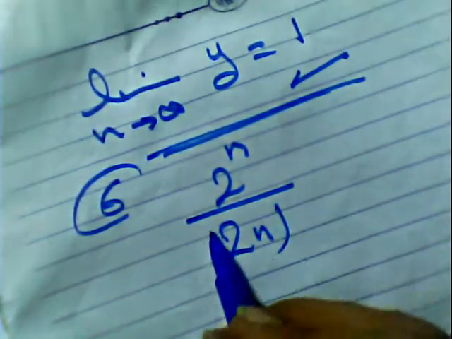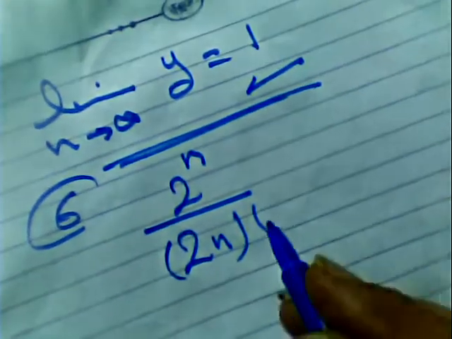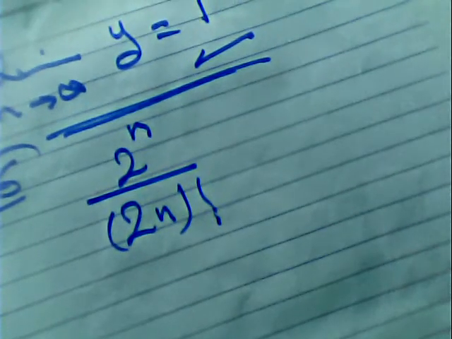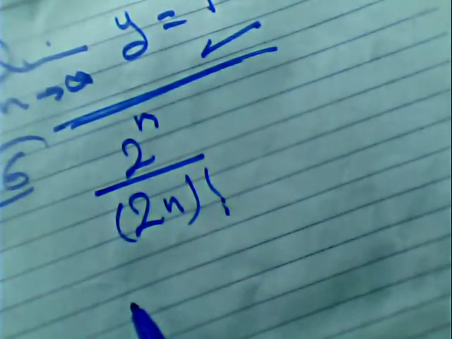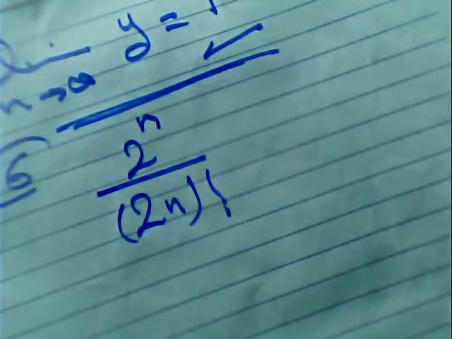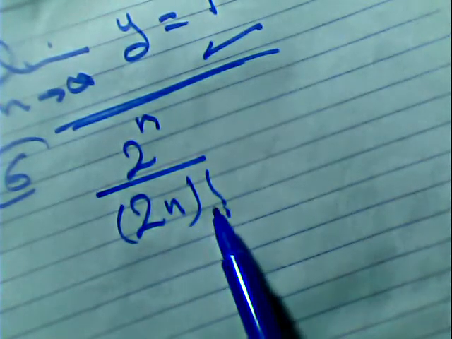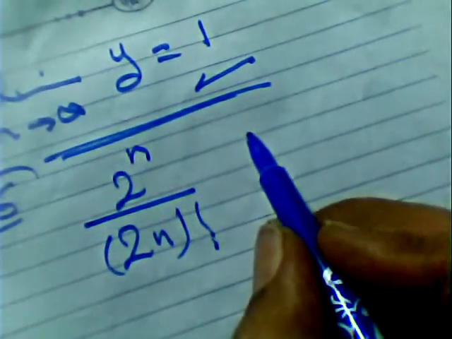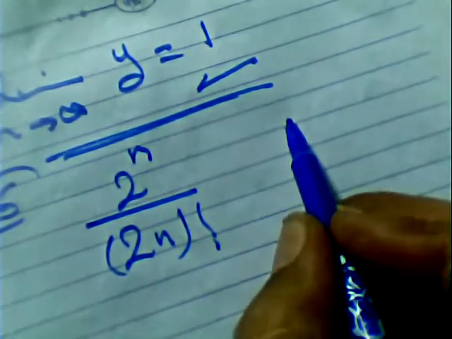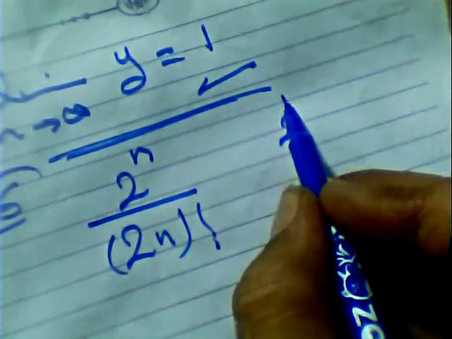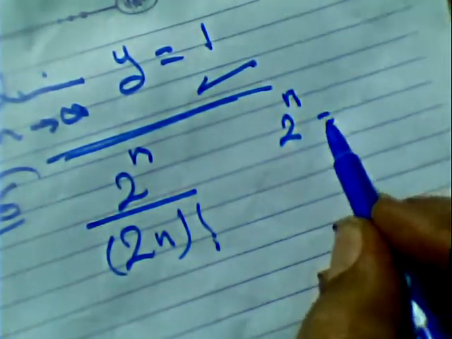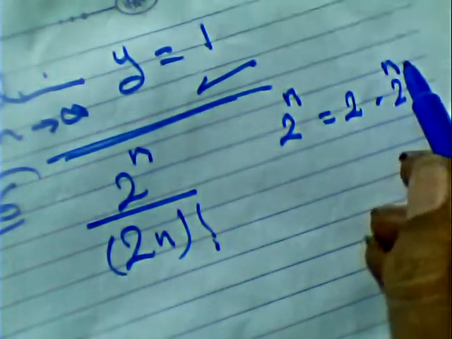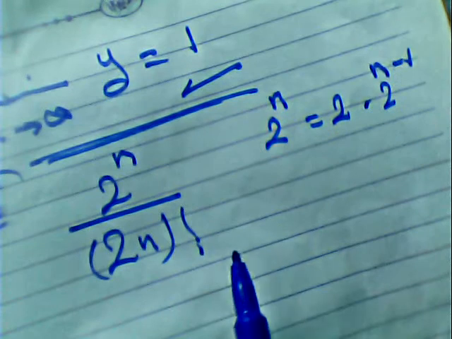Okay, another question, number 6, 2 to the power n over 2n factorial. How can we get the limit of the sequence? We can solve the power and we can solve the factorial. We already know 2n factorial equals 2n times 2n minus 1, like that.